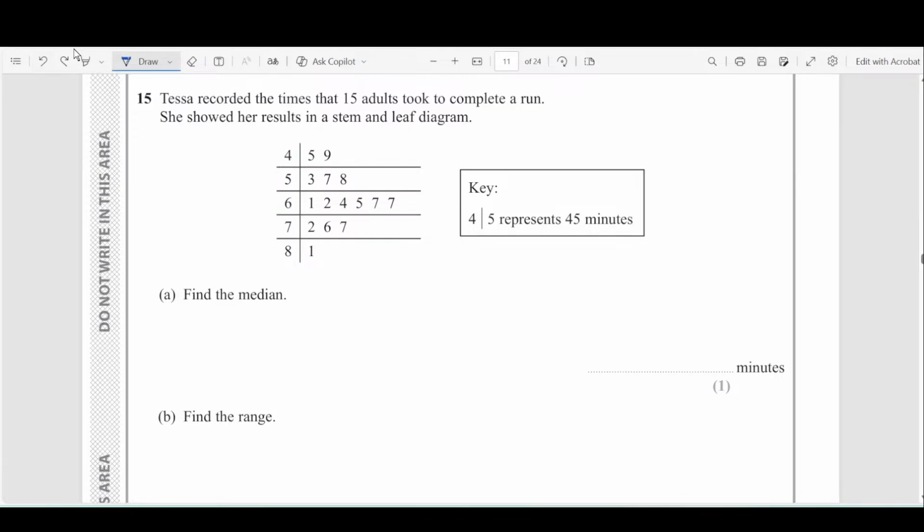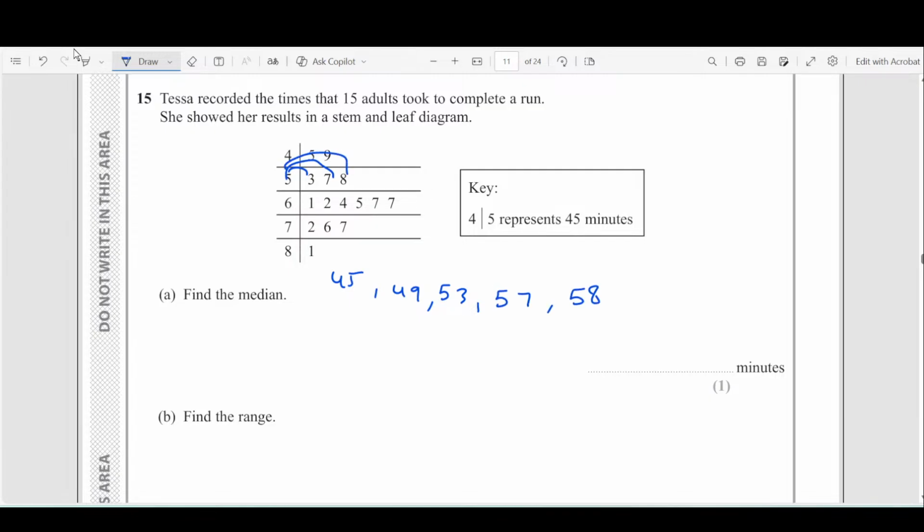So first we find the median. To find the median, let's write all the values: 45, 49, 53, 57, 58, then 61, next is 62, next is 64, and then 65, next is 67, and then 67 again.